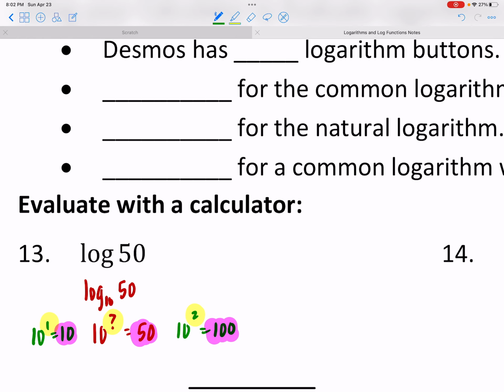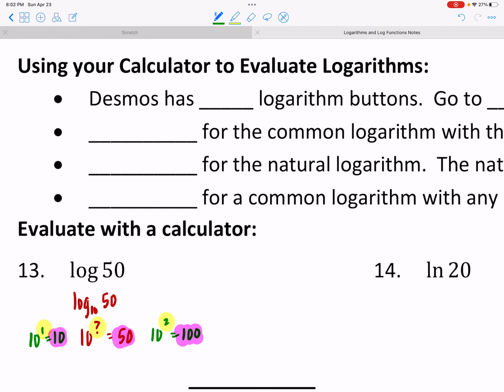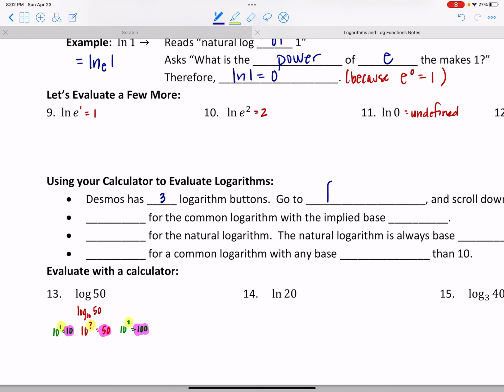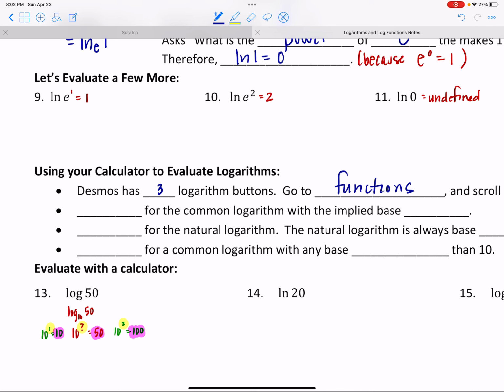So the Desmos calculator that I'm going to show you actually has 3 logarithm buttons. We're going to go to our functions menu in Desmos, and we'll just scroll down. There's a little calculus section, and there's 3 buttons. There's the log button for the common logarithm with the implied base of 10, so you won't see a base written there, which means it's 10.